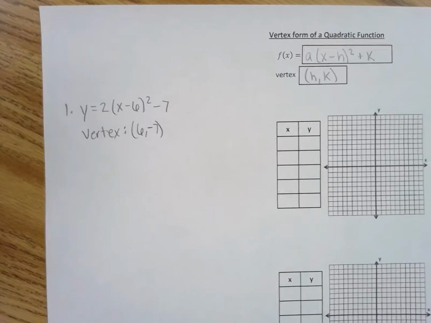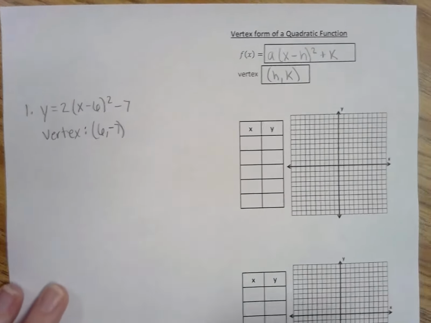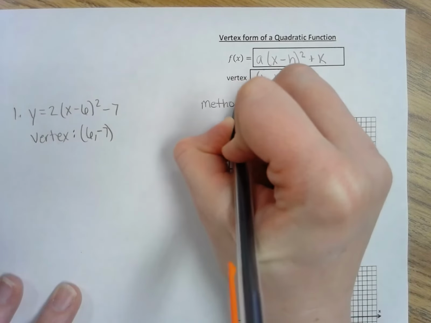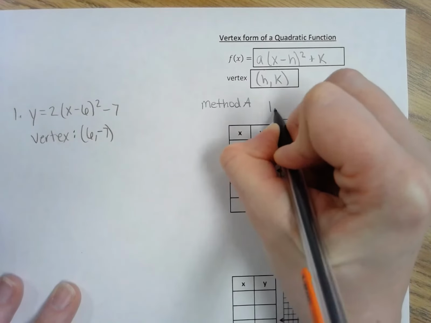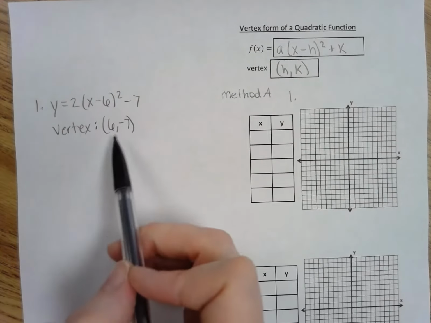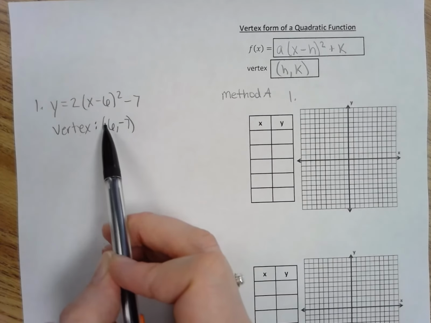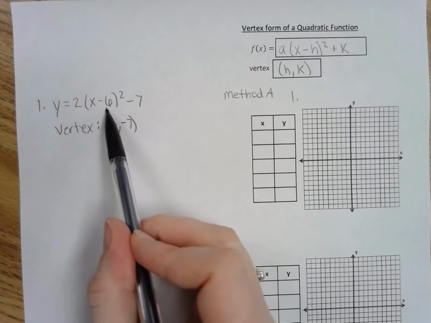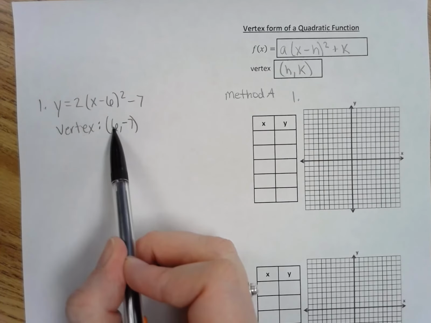So the first method for graphing, we'll call it method A, is a lot like graphing quadratic functions in standard form. You find your axis of symmetry and vertex. Remember to do that with a quadratic in vertex form, you just name the h, k. So this is our axis of symmetry at 6.